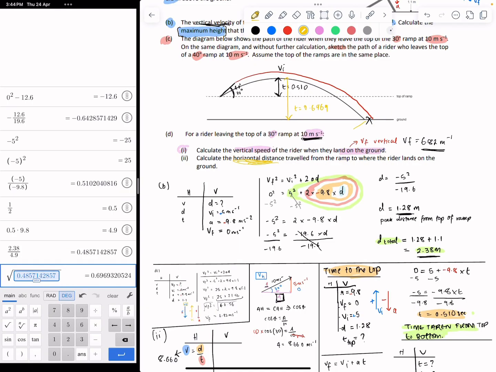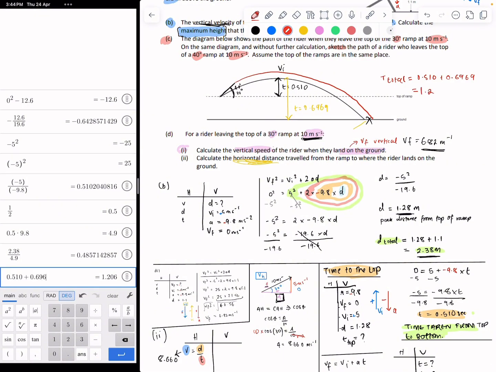Okay, and so the total time, T total, equals 0.510 plus 0.6969, and that in total is 1.206 seconds. That is the total time.